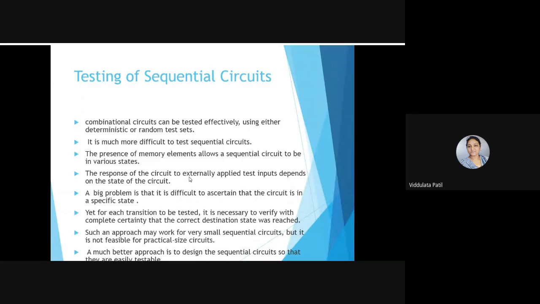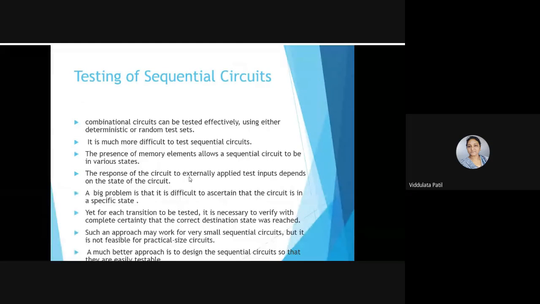Here, because of the presence of memory elements, a sequential circuit can be in various states. As we are considering the previous state output, the response of the circuit to any externally applied test input depends on the previous state output and the current input.